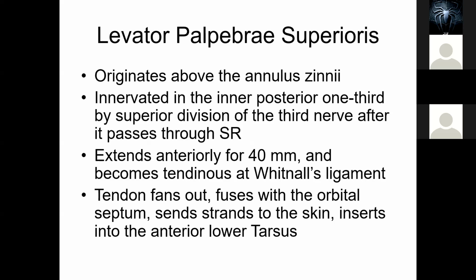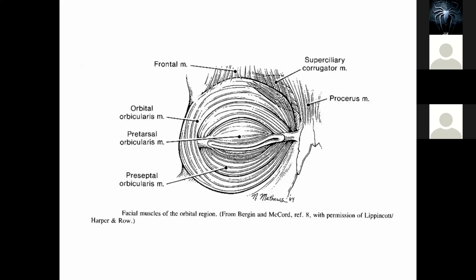It extends anteriorly about 40 millimeters and becomes tendinous at the Whitnall's ligament. The tendon of this levator palpebrae superioris fans out and fuses with the orbital septum and sends strands to the skin and inserts into the anterior lower tarsus. So basically, the take-home message is that the levator palpebrae superioris is the main muscle that helps the upper eyelid to lift and close.